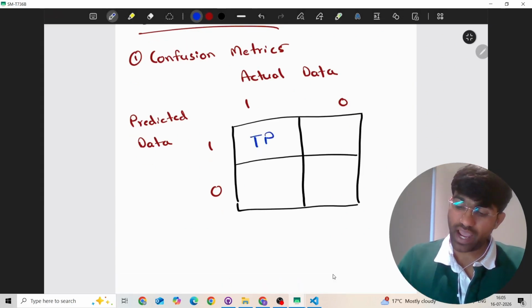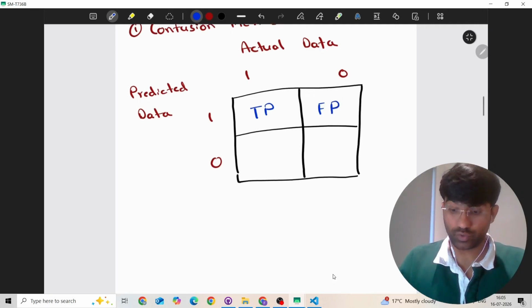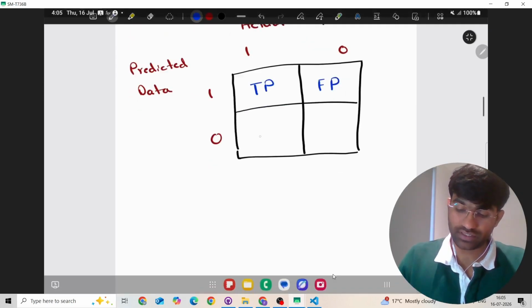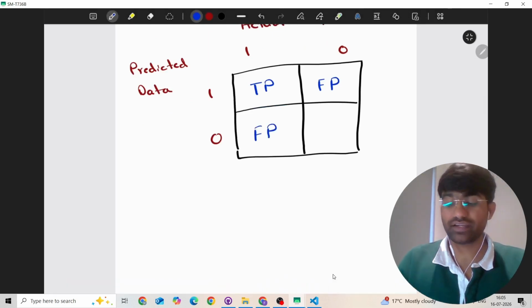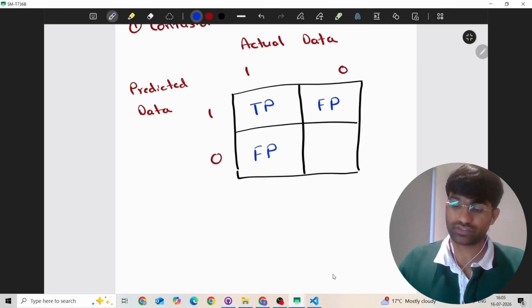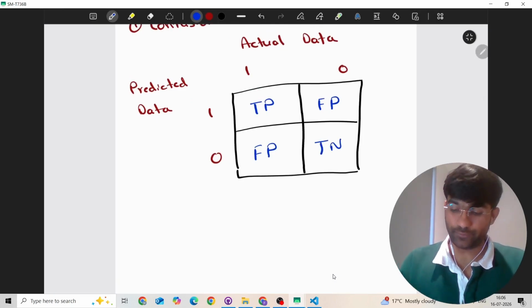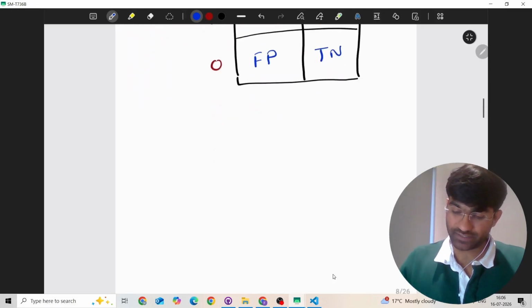If actual is false and predicted is true, then it is false positive. If actual is true and predicted is false, then it is false negative. And if actual is false and predicted is also false, then it is true negative. So this is the confusion matrix.